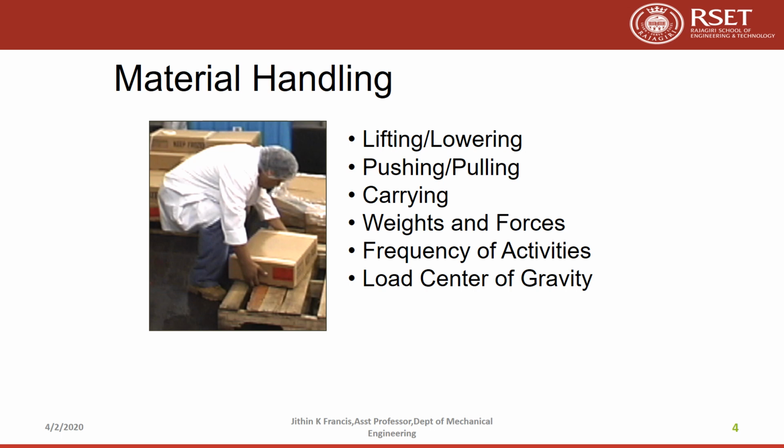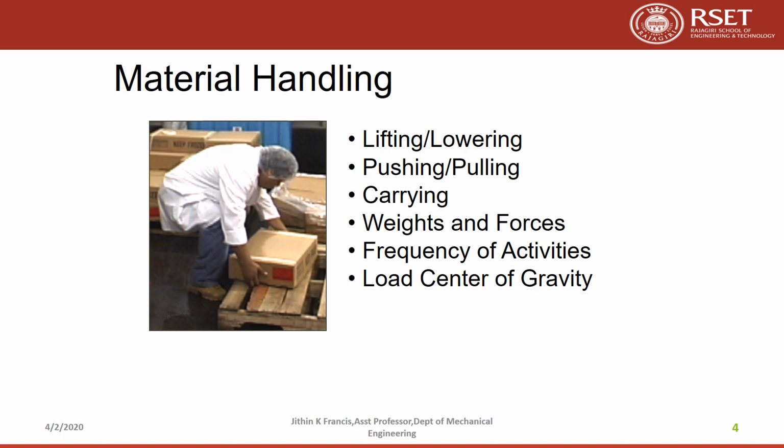Where does material handling occur? It can happen in a warehouse, it can happen in a production house, it can happen in a service center. So wherever material has to move from one station to another station, material handling happens. In this course, we are mainly discussing the material movement between the two production centers.